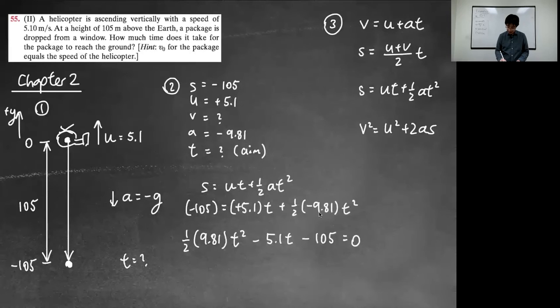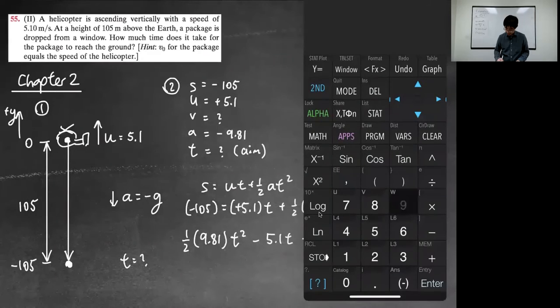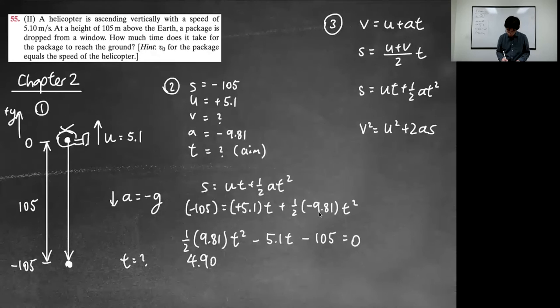So it's clear I have a quadratic over here, right? Now we can use the quadratic formula. I'm just deciding if I should write one more step to simplify that. You know what, for the sake of clarity, let's do that. So we can do 9.81 divided by 2. So that's 4.905. So 4.905 t squared minus 5.1 t minus 105.